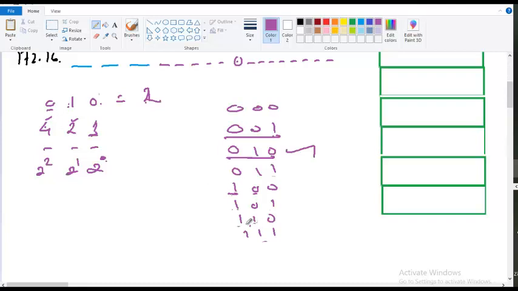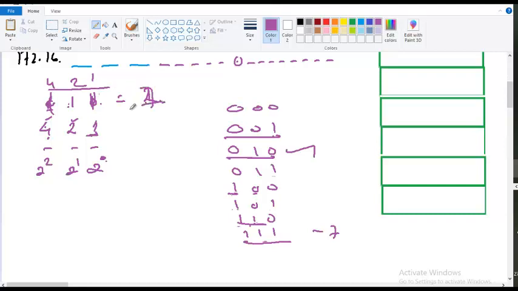If all are 1, then 1 multiplied by 1 is 1, 1 multiplied by 2 is 2, 1 multiplied by 4 is 4. Add all those and you get 7.